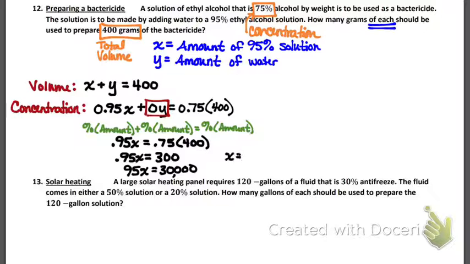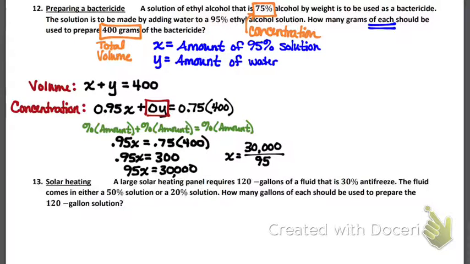So I know that x is going to be 30,000 over 95. And now I need to actually divide that out. Any answers that we get that aren't going to come out to be whole numbers, we want to leave in forms of fractions unless we're talking about money. Although again, on the test, because you don't have calculators, if you leave something in fraction form instead of decimal form, I am perfectly okay with that.